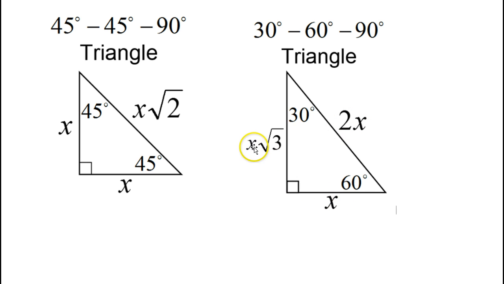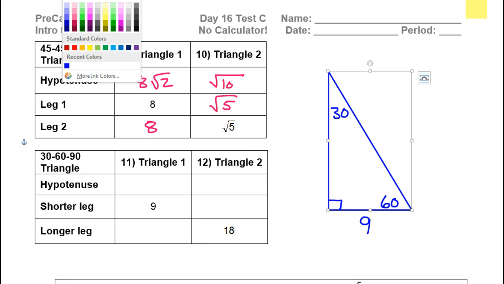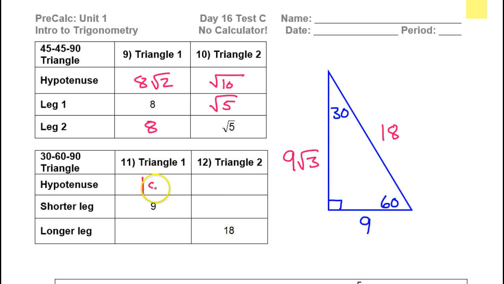Take the short leg, multiply it by radical 3, and that will give you the longer leg. So the hypotenuse is 18, and the longer leg is 9 radical 3.